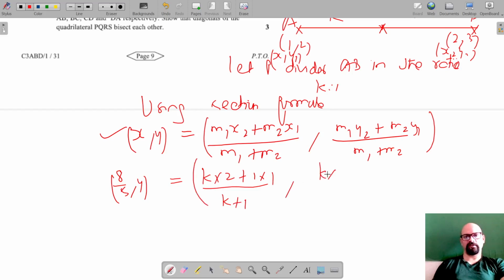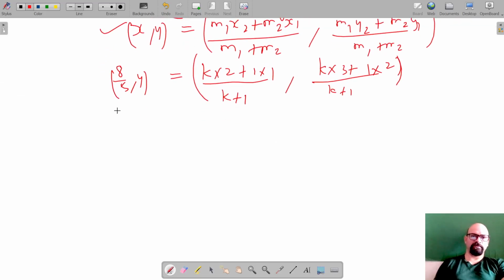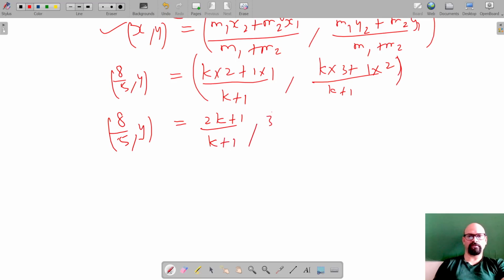Now m1 is k, y2 is 3, m2 is 1, y1 is 2, upon k + 1. If we simplify this, finally we have (8/5, y) equal to ((2k + 1)/(k + 1), (3k + 2)/(k + 1)).